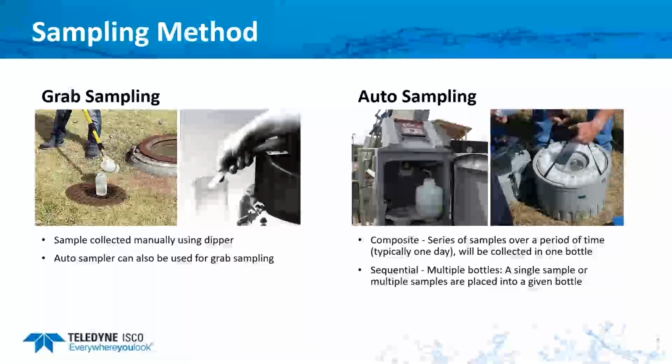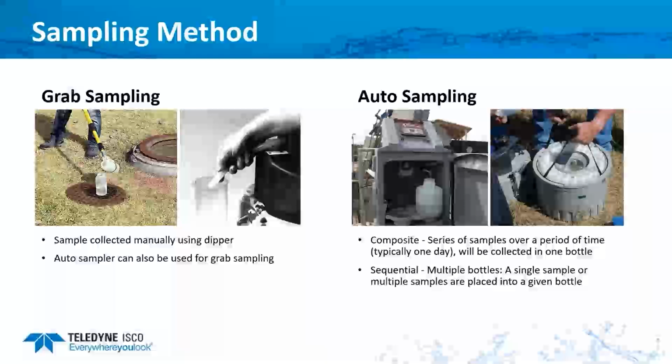There are also automatic samplers that can be positioned to sample at various locations and can be programmed to collect a sample based upon flow-weighted sampling intervals, where we collect a sample every X number of gallons, or on time, where we do so every number of minutes. We can also have a variety of bottle configurations that range from a single composite bottle, where we have a sample that is representative of the accumulation of all samples collected over that interval of time, typically a day.